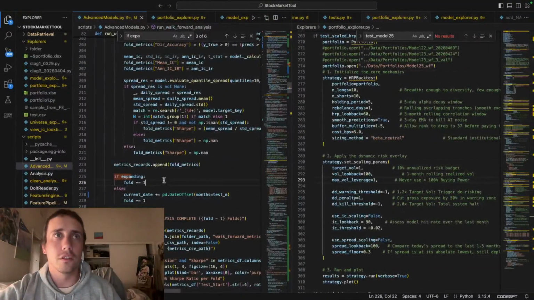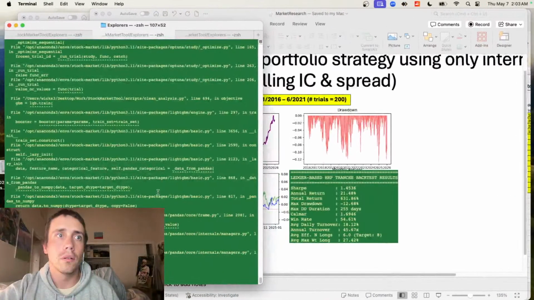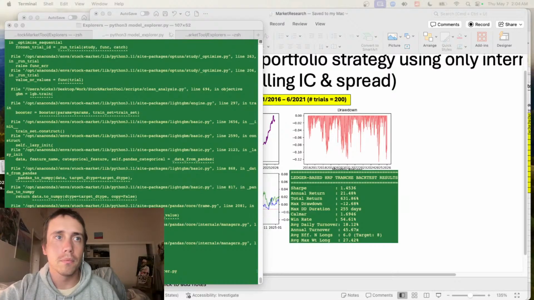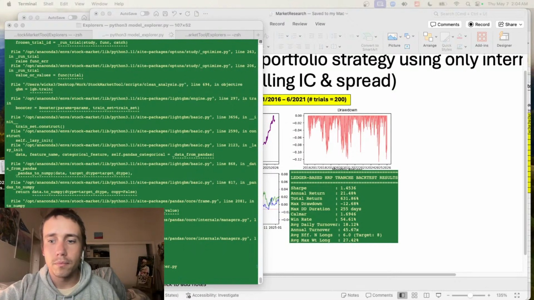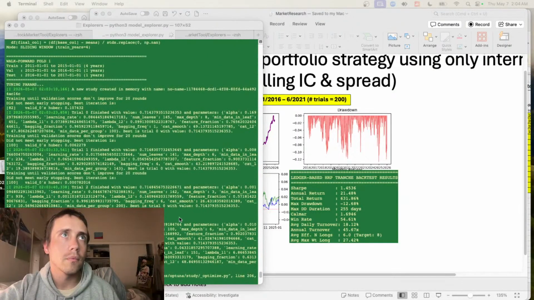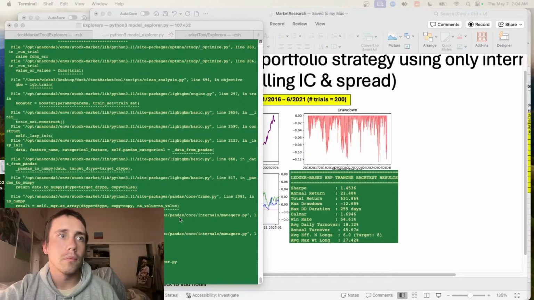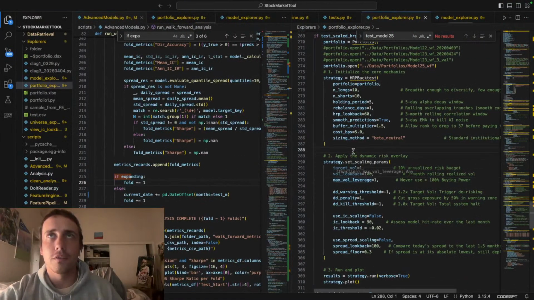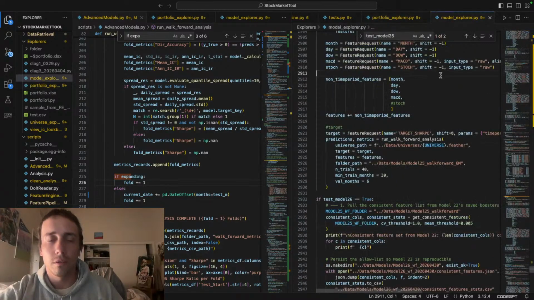So let's see if this works now. Unless do I need to save Model Explorer?